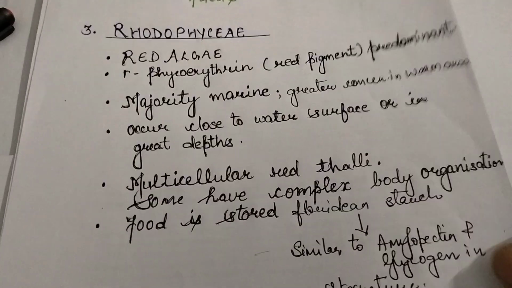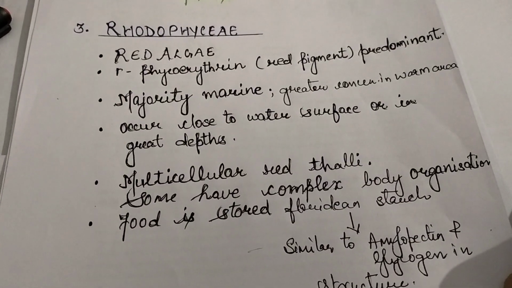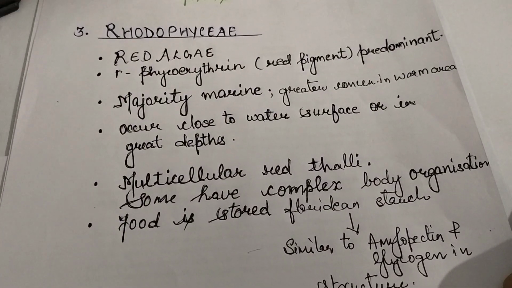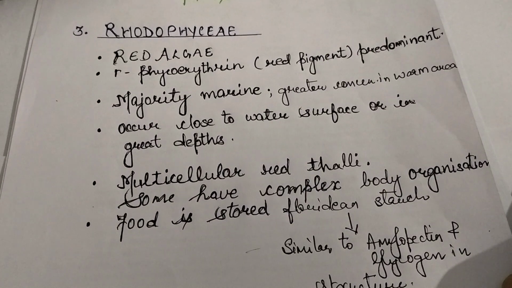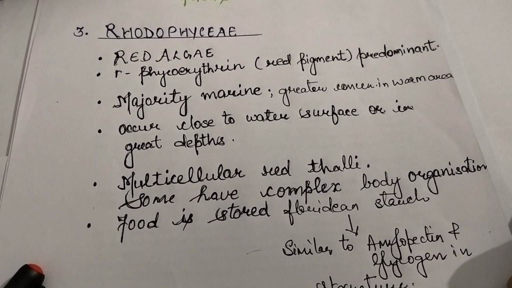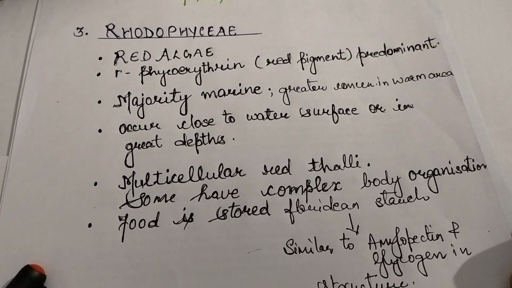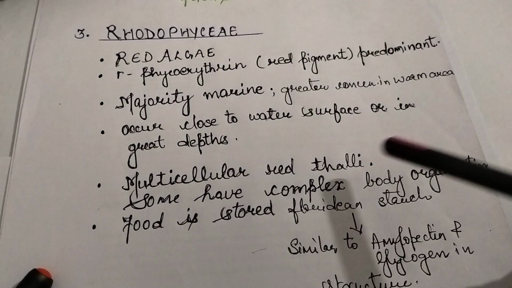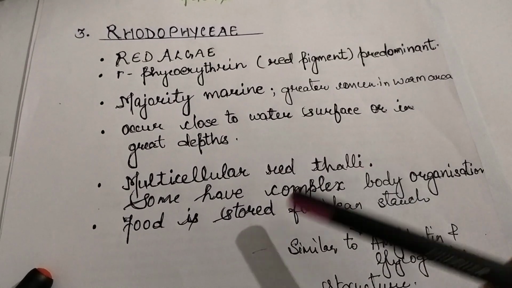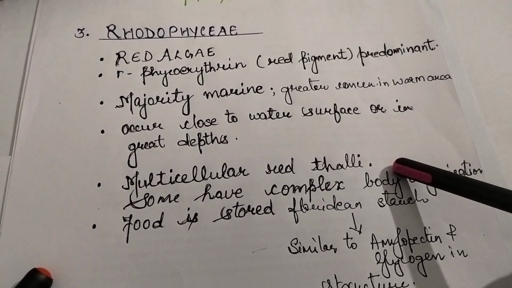Now these red algae are multicellular. They are multicellular red thallus. Thallus is their plant body. As we have studied, plant body is not demarcated into root and shoot, and that is called thallus. So plant body is in the form of red thalli.